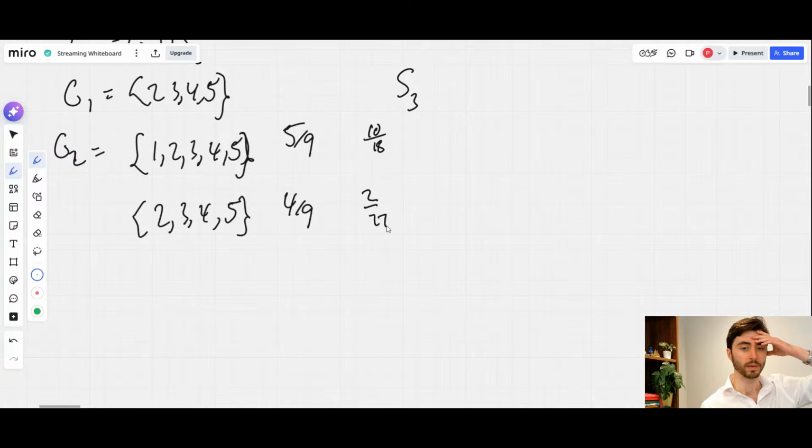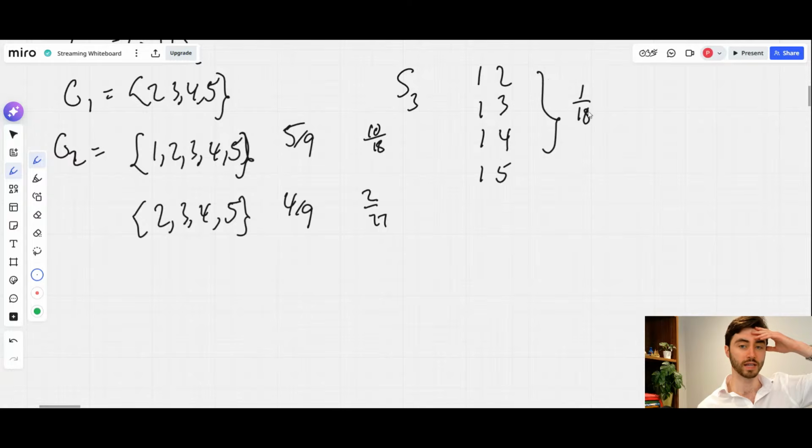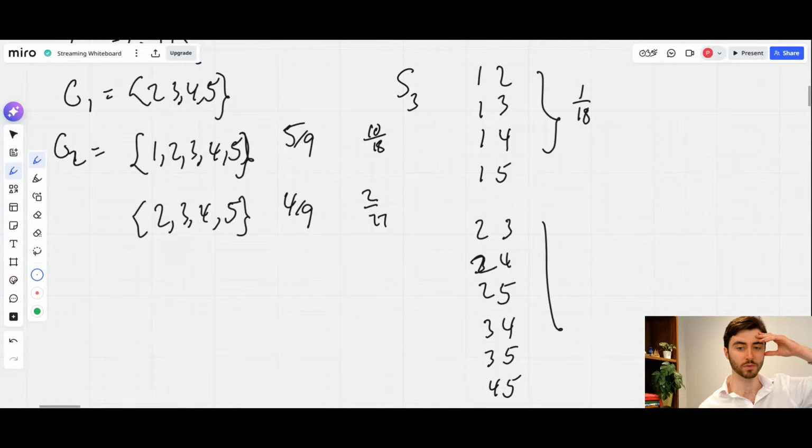And then each of these would have a probability 2 over 27. So for the duplicates, any of the ones with a 1 in it has a 1 in 18th. You can have one paired with 2, one paired with 3, one with 4, one with 5. Each of these has a probability of 1 over 18 of showing up. And then 2, 3, 2, 4, 2, 5, 3, 4, 3, 5, and 4, 5. That's 10 of them. Each of these would have a probability of 1 over 18th plus 2 over 27 of showing up.